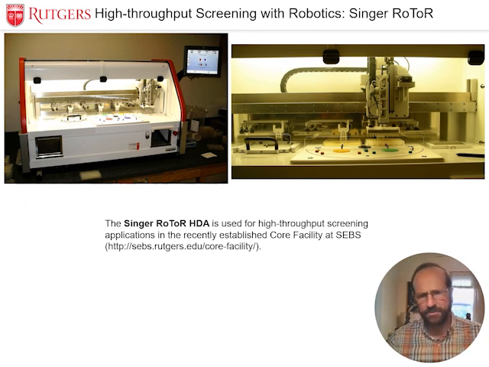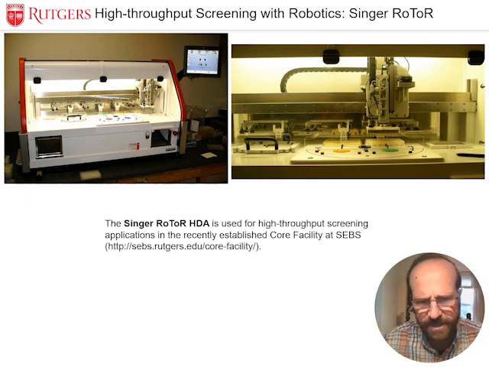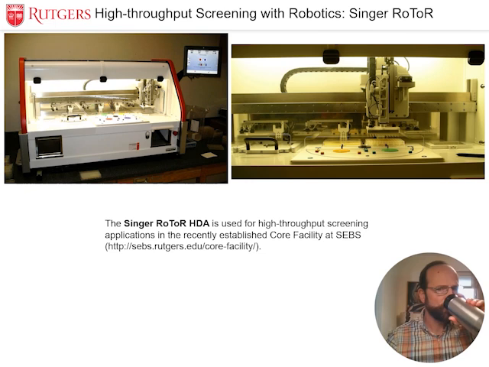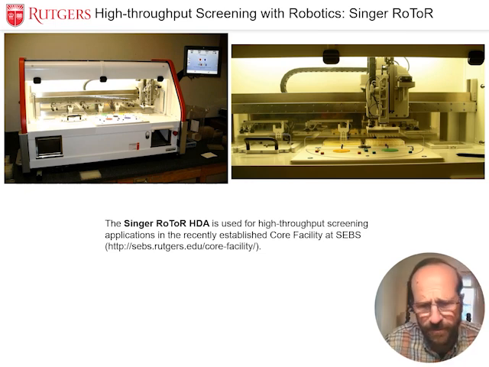There are also techniques using high throughput screening with robotics. Here's an example of the Singer Rotor robot for screening yeast. Using this type of robot, you can screen 6,000 yeast mutants on various plates and other conditions very rapidly.